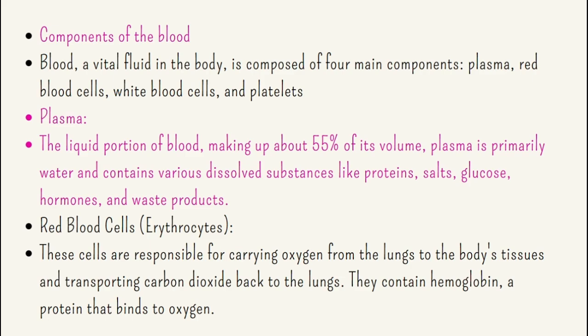Now this word right here, I can't even pronounce it myself, but erythrocytes, this is the same thing as red blood cells. It's just the more technical name for red blood cells. But just remember that plasma is the liquid part of the blood, and red blood cells carry oxygen and contain hemoglobin. So just remember those main things about these two.